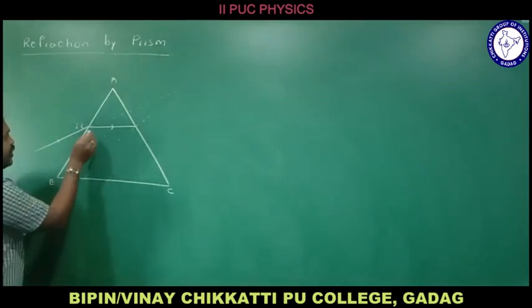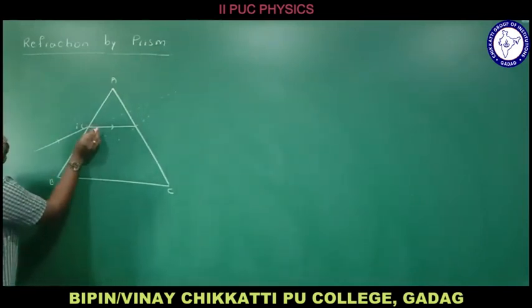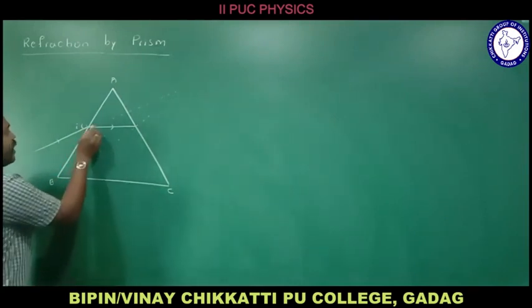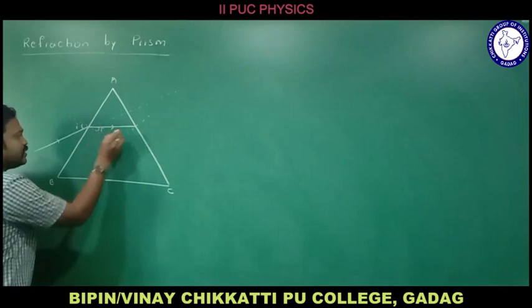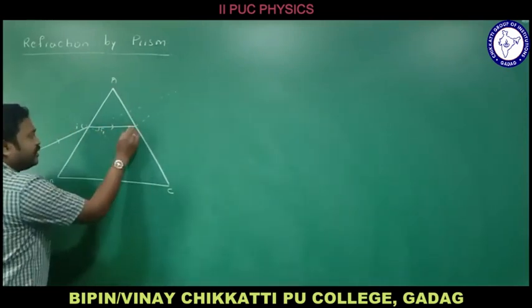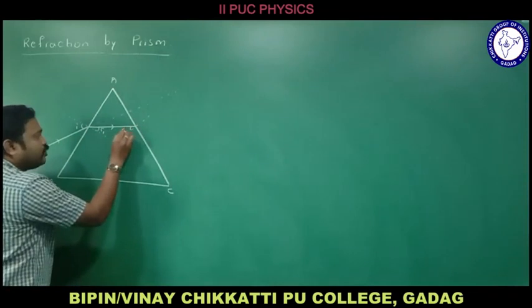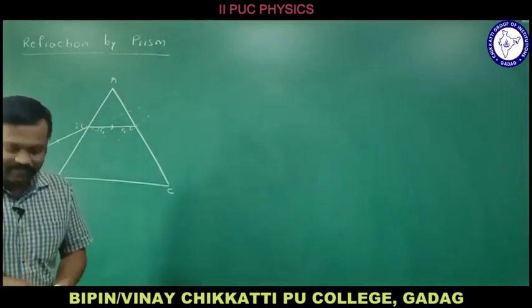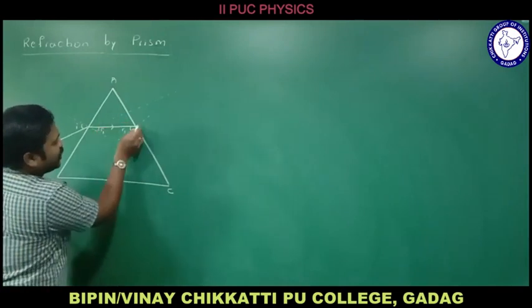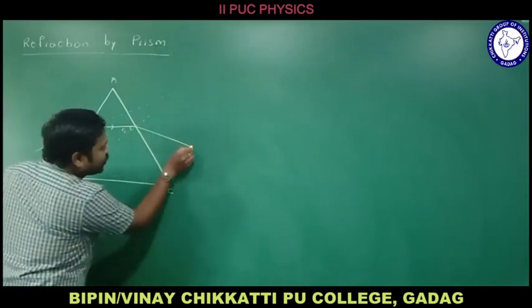The angle between the normal and the refracted ray, let me call it the angle of refraction. Since there are two angles of refraction, let me take it as R1 here, and R2 here. Then as the ray is moving from denser medium to rarer medium, it moves away from the normal.